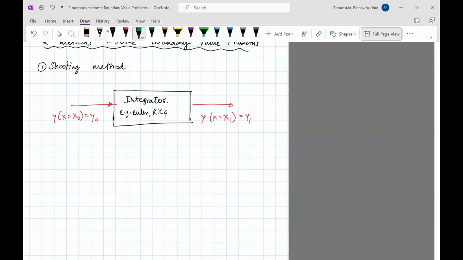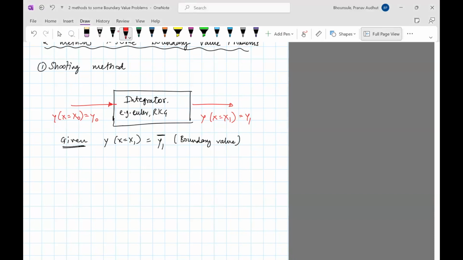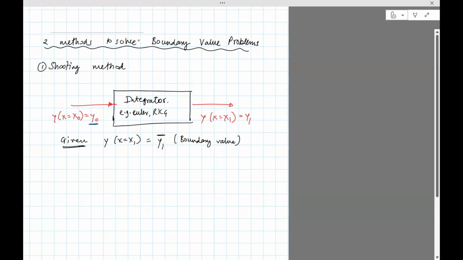Here what happens is, let's say that we are given y at x equals x1 is y1 bar. This is the boundary value, which is given. So if we supply this integrator with y0, out comes y1.